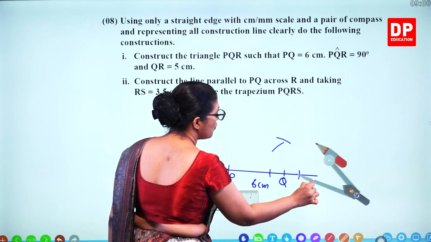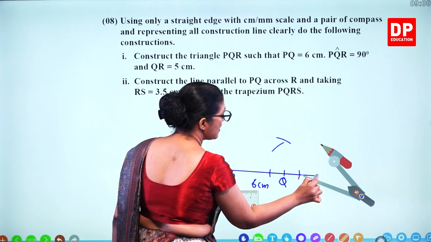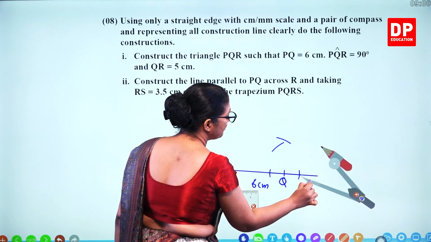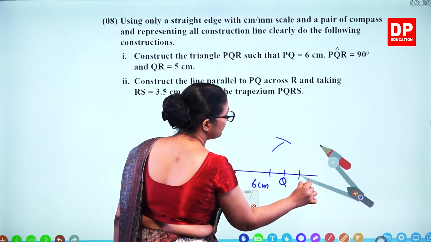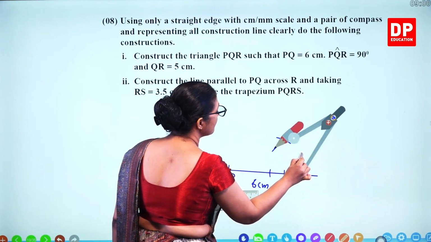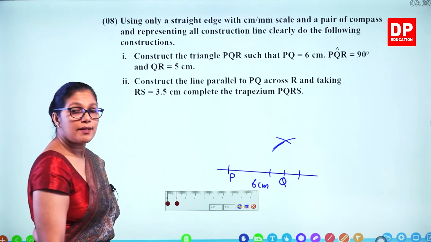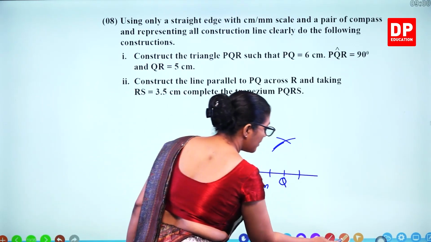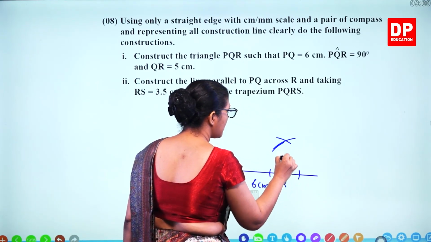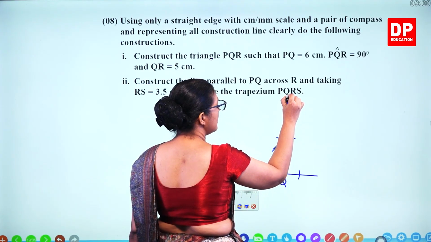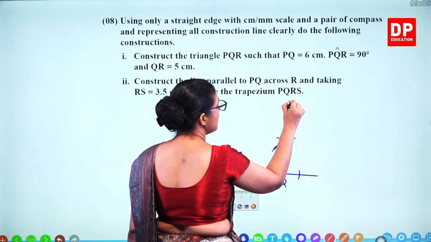So again we have to redraw because it's not intersecting. Now we can find the line. So here connect this one, and here that's 90 degrees.